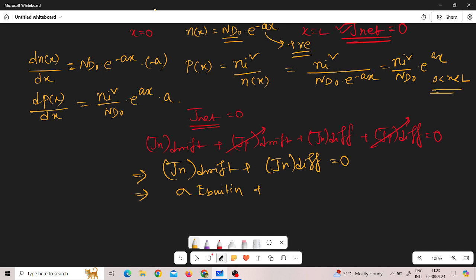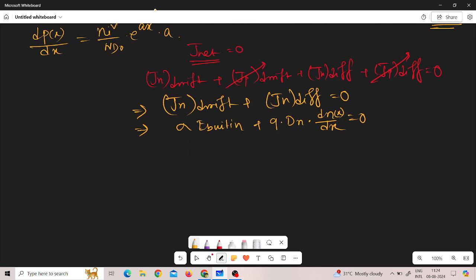So that's why I write it in this way. And the diffusion current is because of the concentration gradient, which is equal to q Dn dn by dx, as it is due to electrons, or in our case we can write it as dn(x) by dx. So earlier I found dn(x) by dx, we just need to put it here.